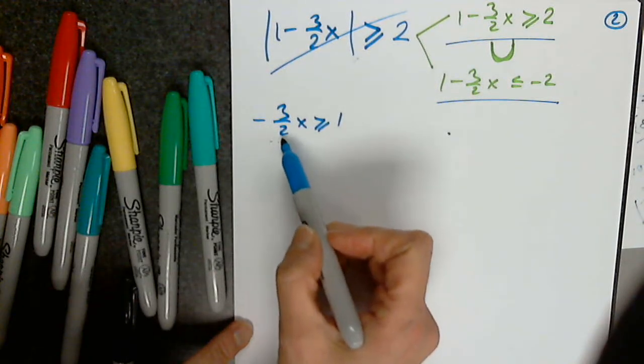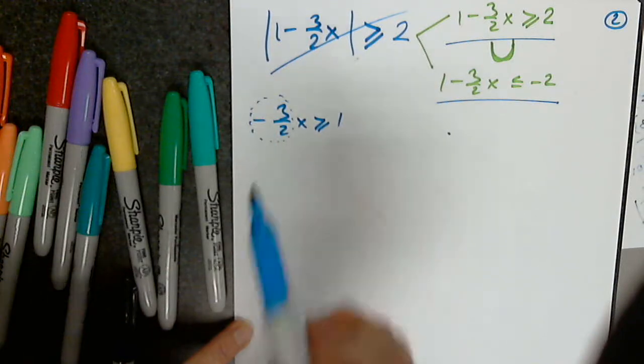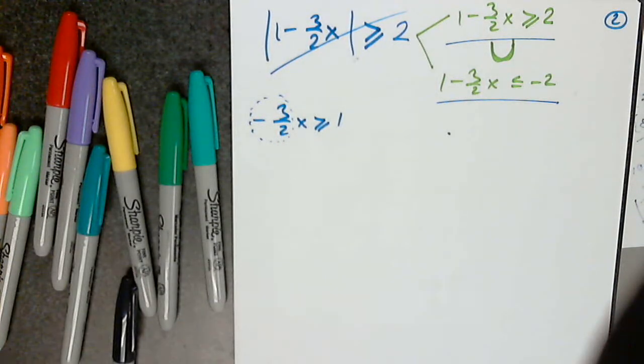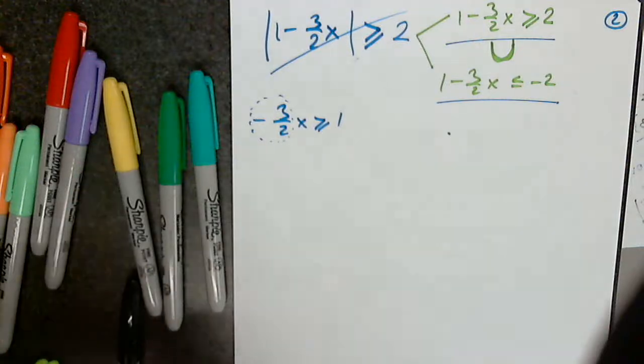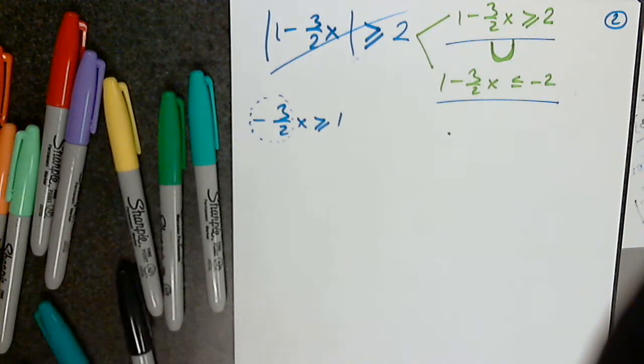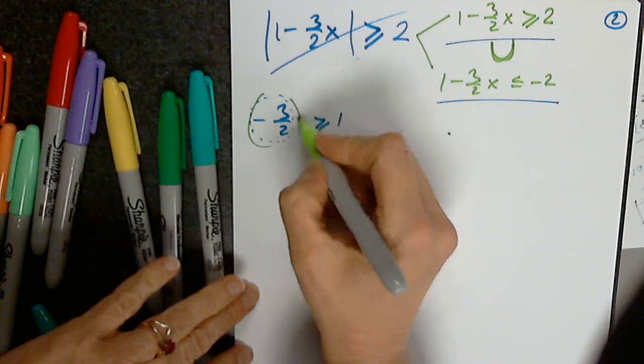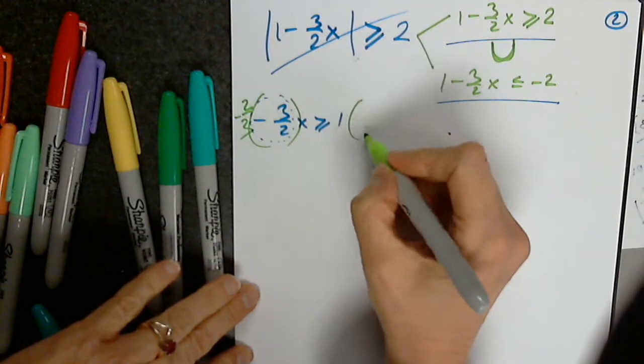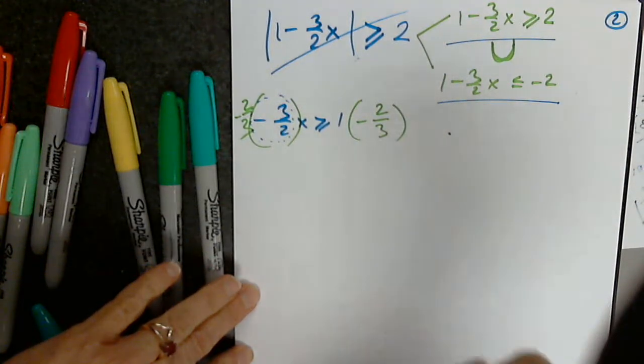And now I want to get rid of this. What should I do to both sides to get rid of that? Multiply both sides by? Let's do it in one step. Negative 2/3. Awesome. So I multiply this side by negative 2/3, and I multiply this side by negative 2/3.